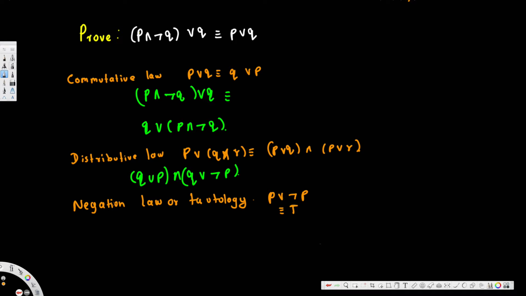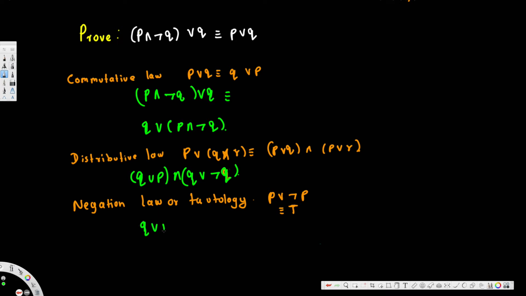So that's what negation law or tautology says. So here you can see this one is Q or not Q, because I'm bringing this one right here. This is equivalent to this one, right? P or not P is equal to true. So same as that, Q or not Q is equal to true.